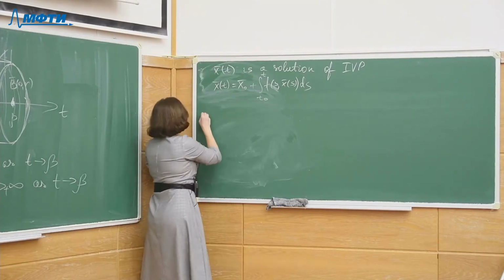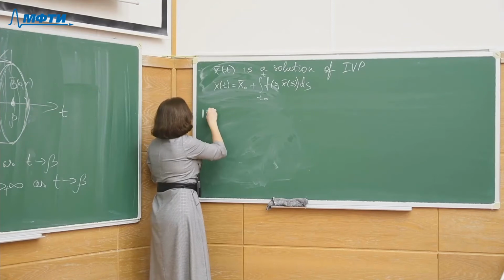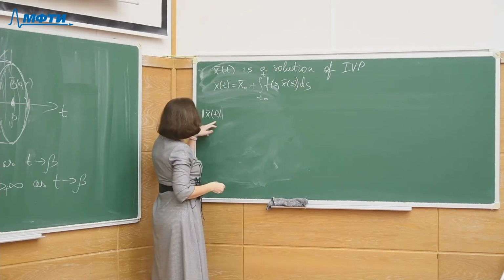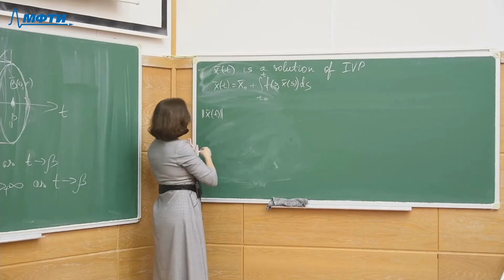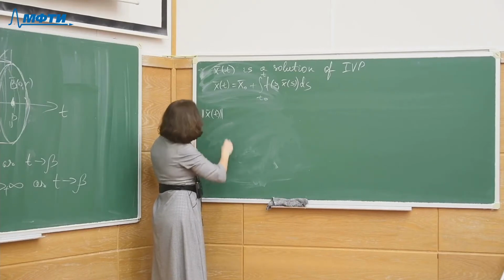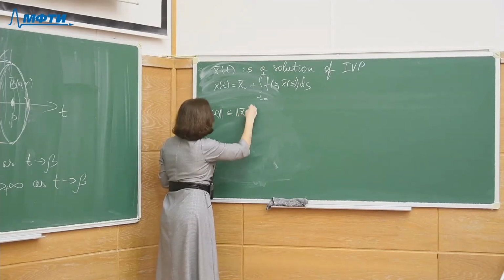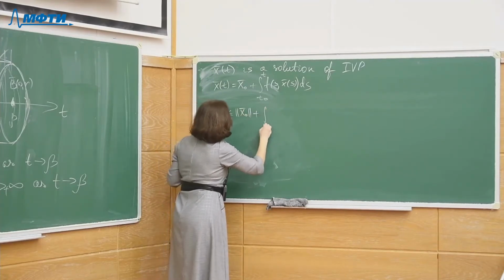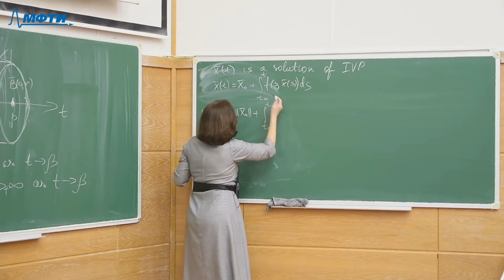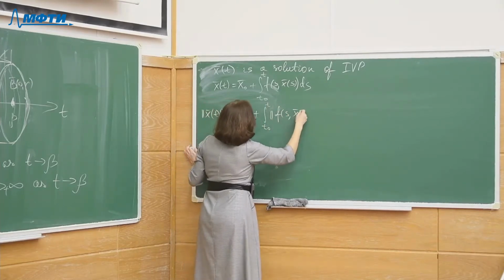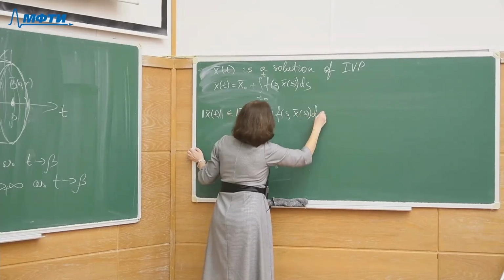Then I want to obtain the estimate. Let's estimate the norm of this vector. By the triangle inequality, it is less than or equal to the norm of x0 plus the integral from t0 to t of the norm of f of s, x of s ds.